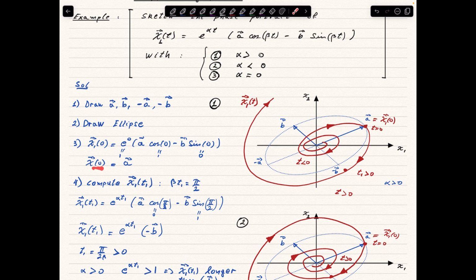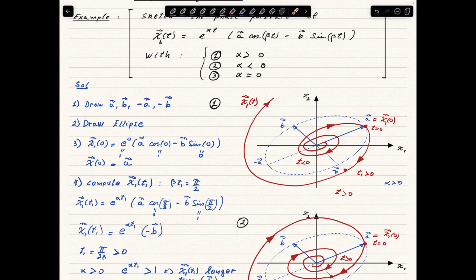We evaluate the solution at 0, and when we evaluate the solution at 0, everything disappears and we get only a. So the solution at 0 crosses the ellipse at the vector a. And then we compute the solution at a different positive time, such that the cosine is 0 and the sine is 1.